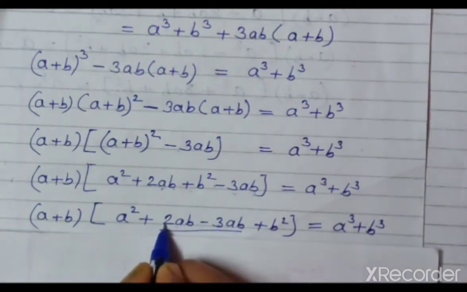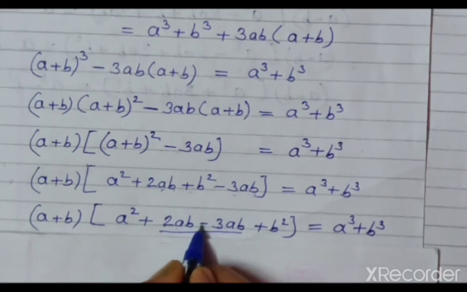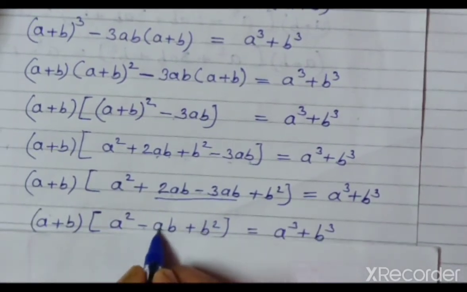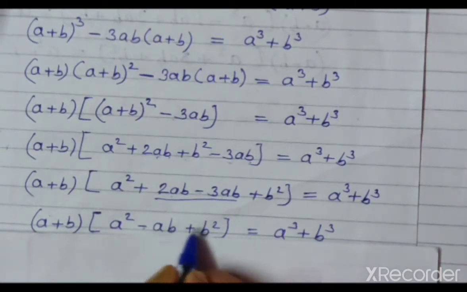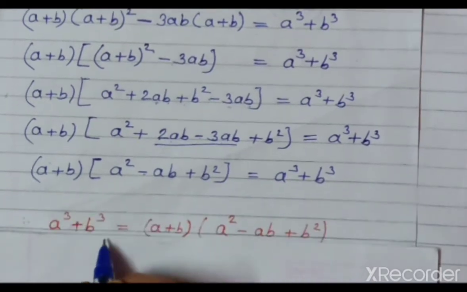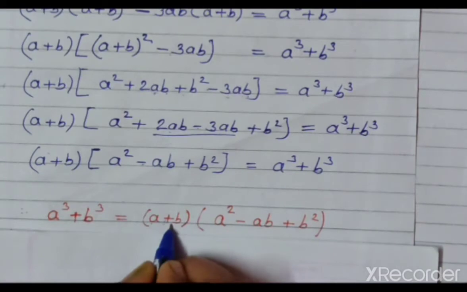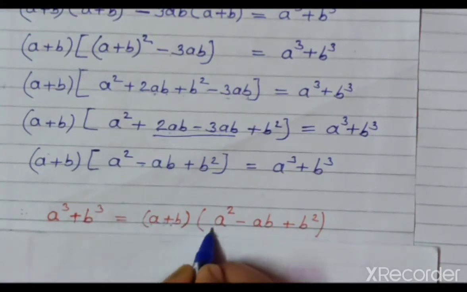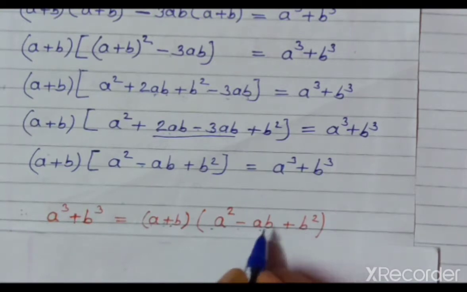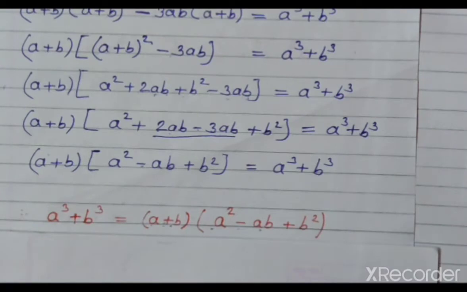So 3 minus 2 is equal to 1, but with the bigger sign its answer is minus 1. Therefore our answer is −ab. So this is the expansion of a³ + b³. Therefore a³ + b³ is equal to (a + b)(a² − ab + b²). Let's study the next one, a³ − b³.